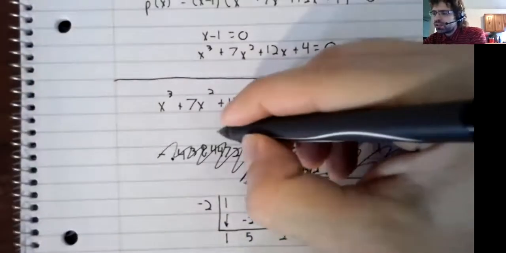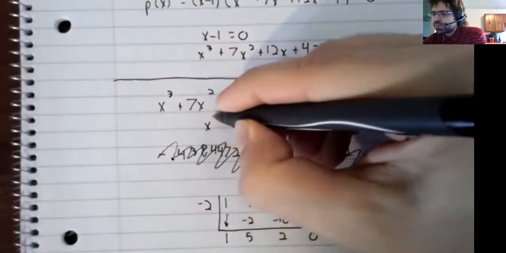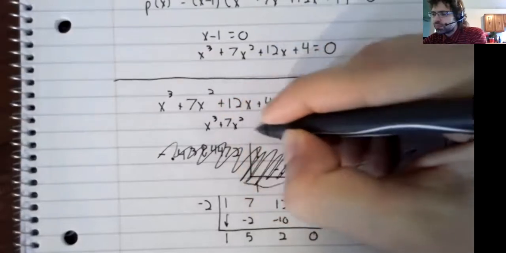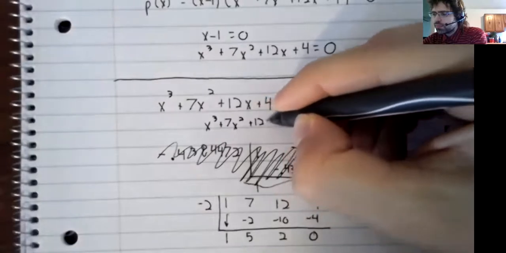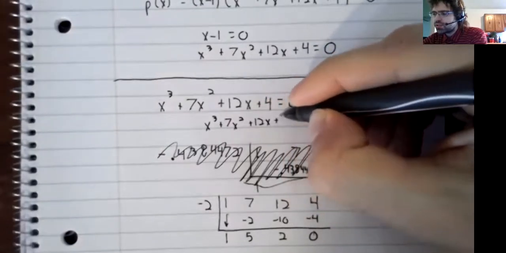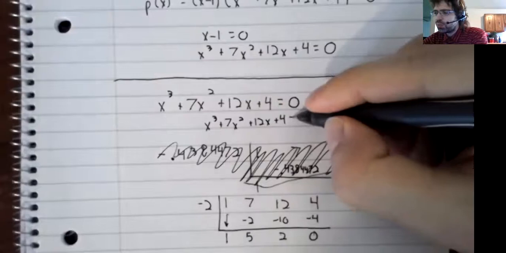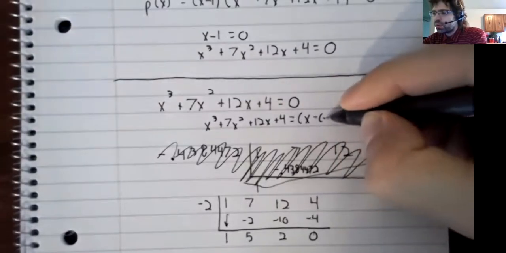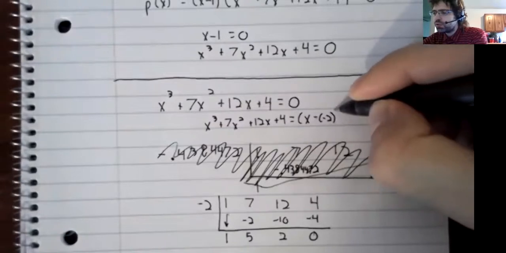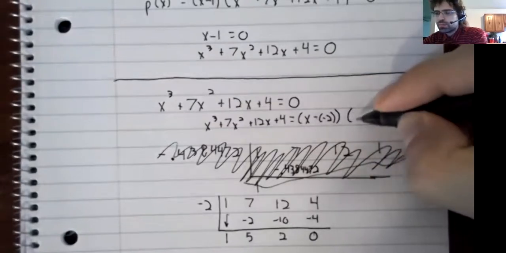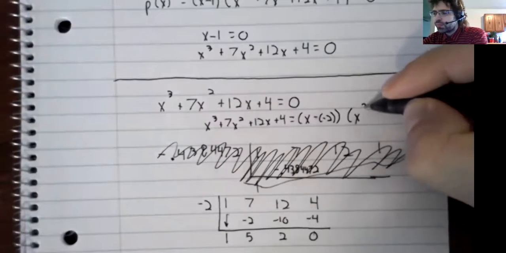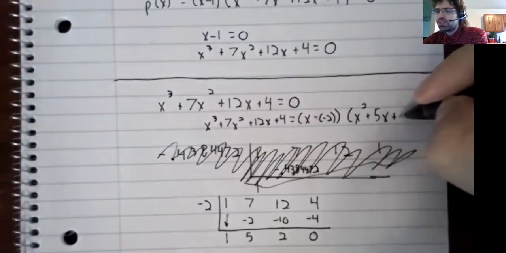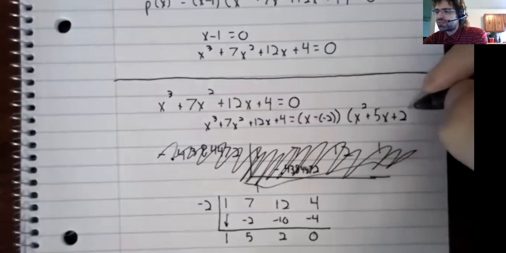We did the division. This polynomial that we're setting equal to 0 can be factored like this.